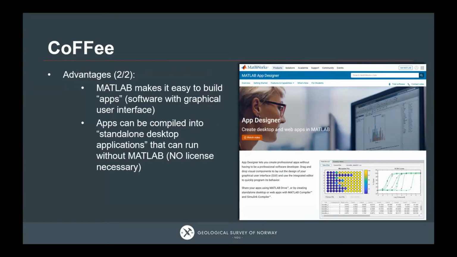As I was saying, the other advantage is the fact that MATLAB makes it extremely easy for people to actually build up, even for people who are not amazing software designers. And the other advantage is that if you have the proper license on my side, I can compile those applications into a standalone desktop app that people can use without the code.